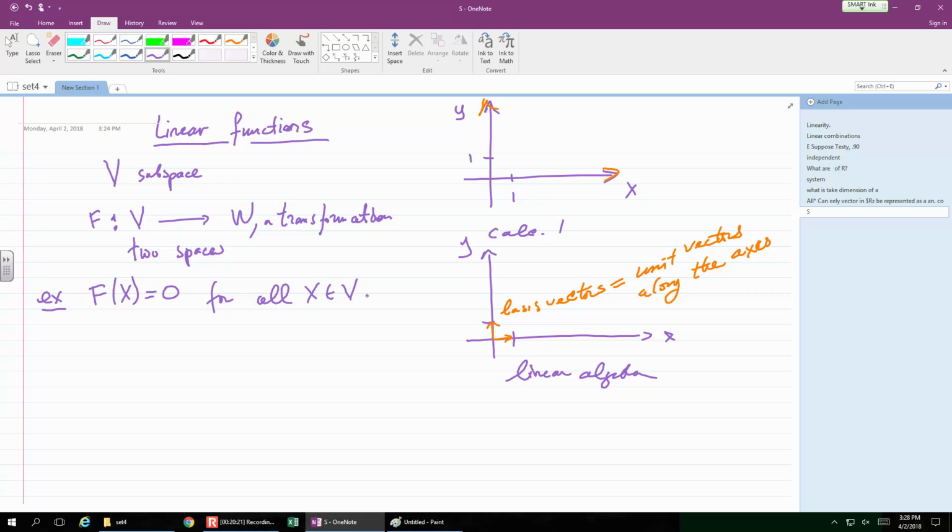Or the 0 function. Remember we talked about the collapse of the space to a point. That's what it is. Another example, if my function is from the space to itself, so W happens to be the same, we can define f of x equal to x for all x.